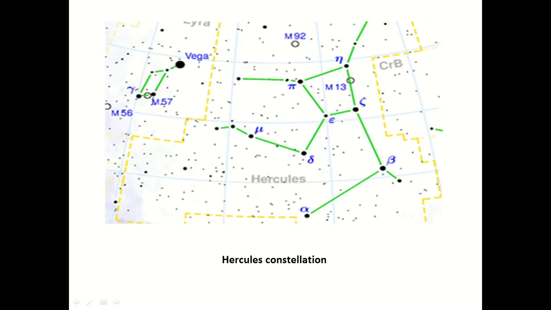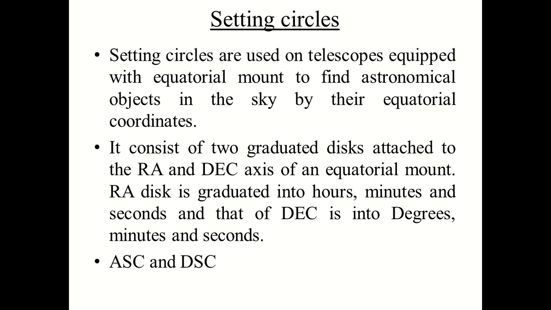Another method used by amateur astronomers is setting circles. This is used on telescopes equipped with an equatorial mount to find astronomical objects in the sky by their equatorial coordinates.